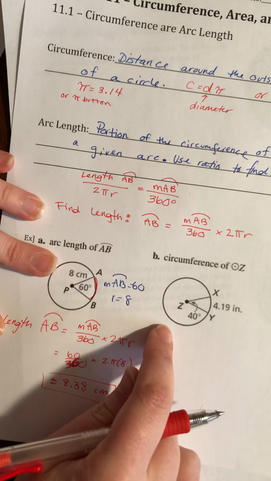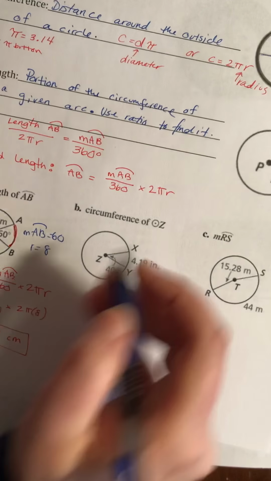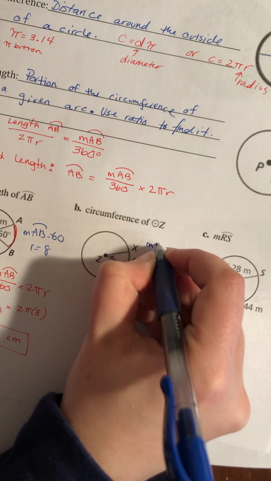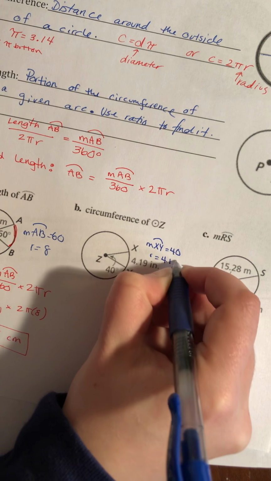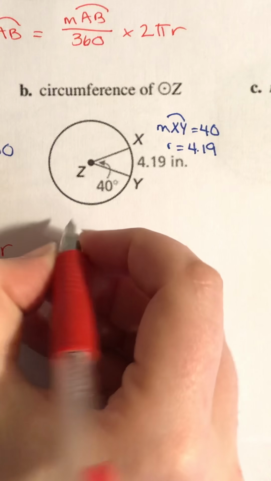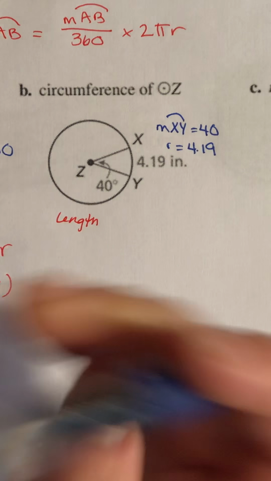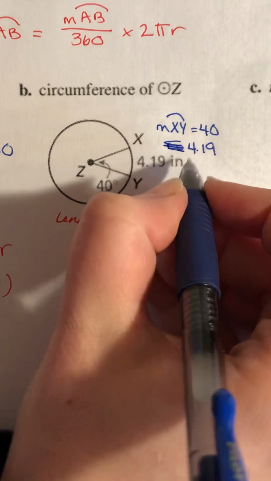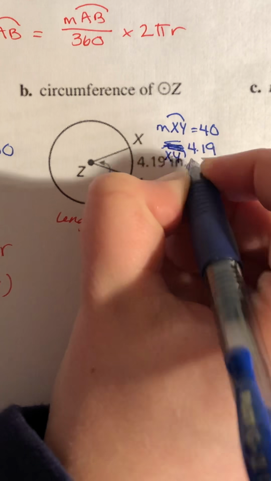Now this one, I want to find the circumference. So this one, I'm going to use that ratio. So the arc measure of XY is 40. The length is 4.19. Oh no, sorry, that's not the radius. That's the length of XY.